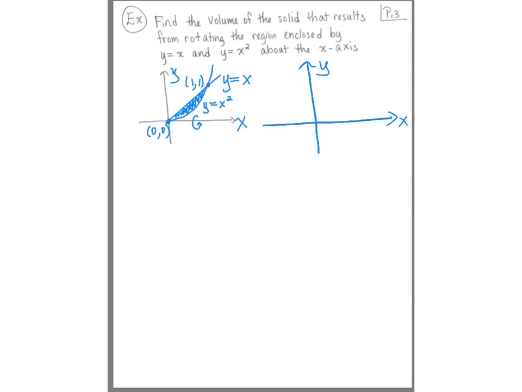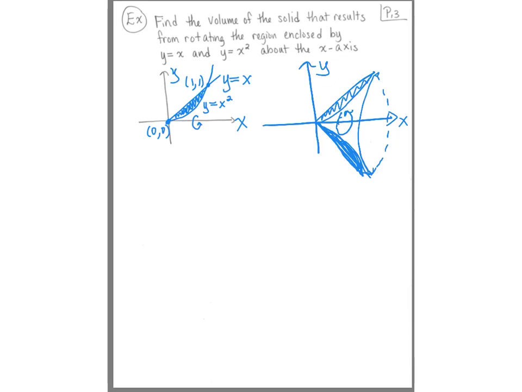We're taking this region and swinging it around the x-axis. So you have this other portion down here that looks just like it. Use your imagination, it's supposed to be identical. So this is what we created.